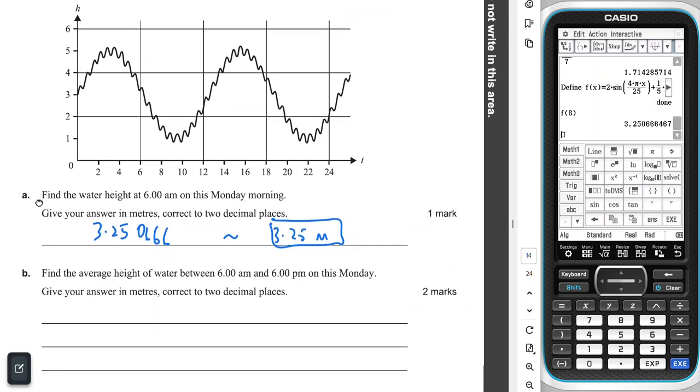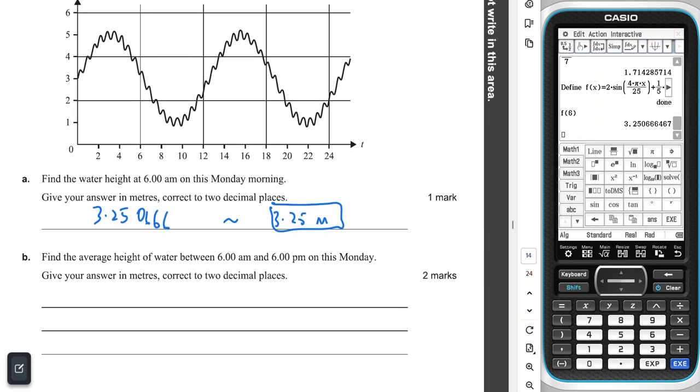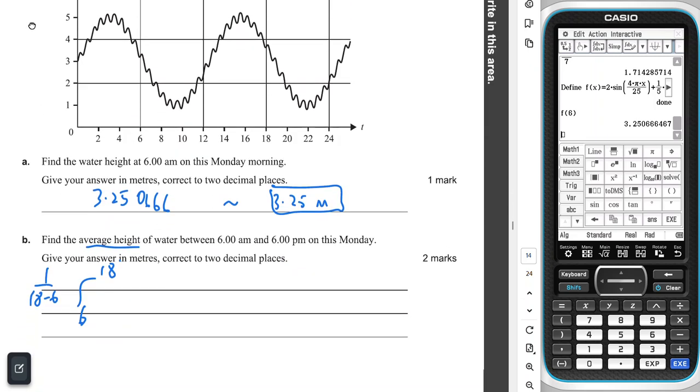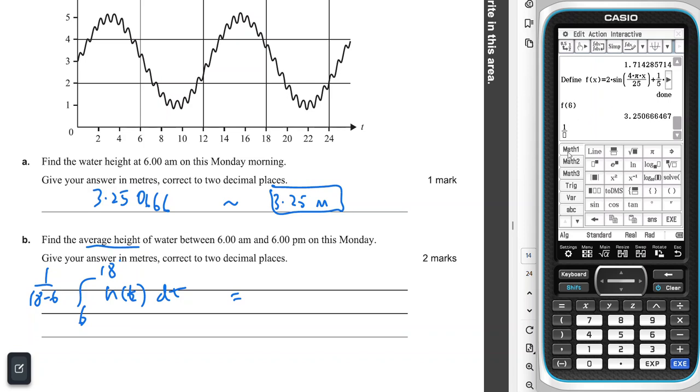B, find the average height of the water between 6 a.m. and 6 p.m. So now we are doing average value. That will be from 6 to 18, 1 over 18 minus 6 of the integral of H of t dt, which will equal 1 on 12.